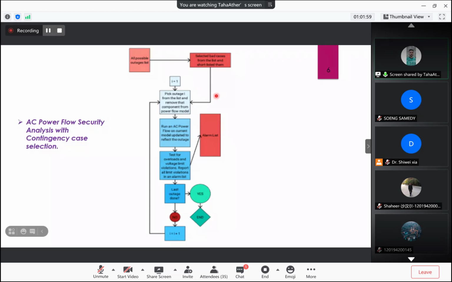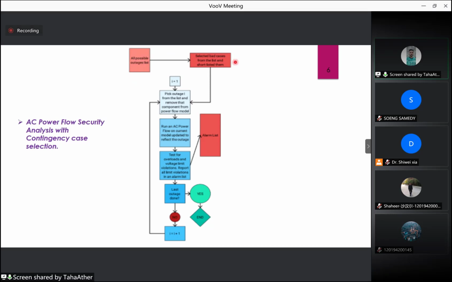A flowchart for a process like this appears as I am showing here, as you can all see. We can carry on the same way as we did in the last flowchart, but the only thing different in this one is that we are shortlisting only the voltage limit violations and overload violations.